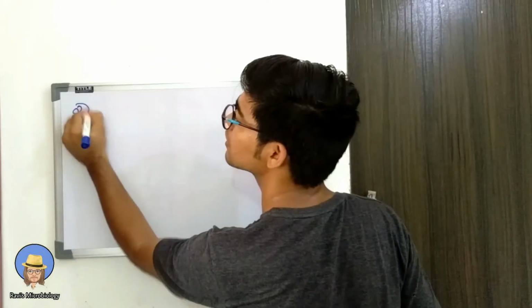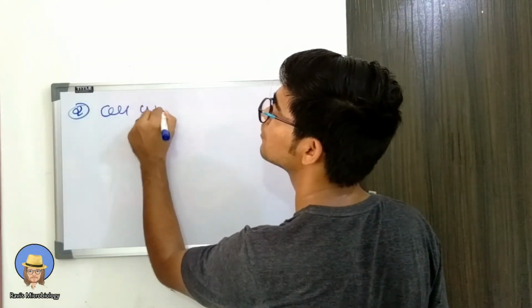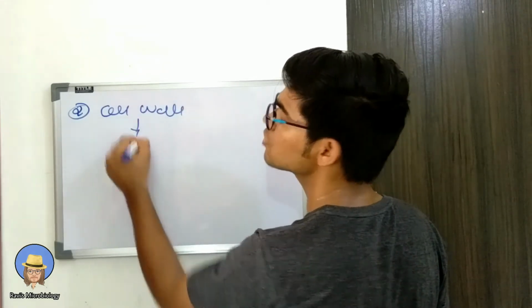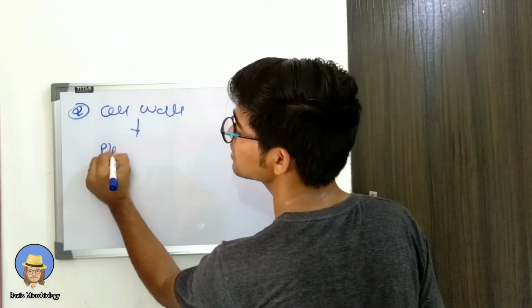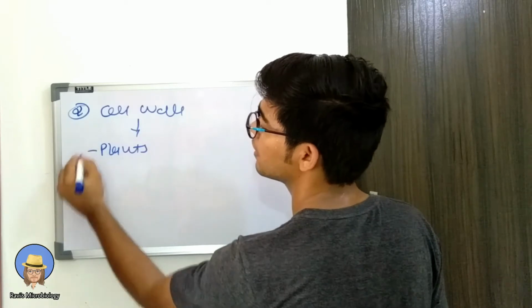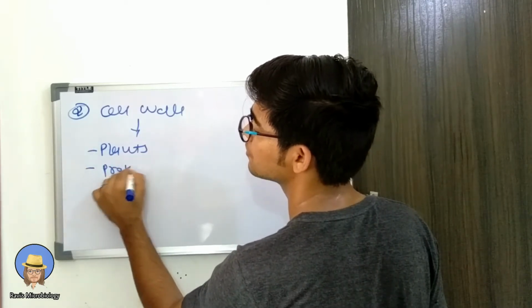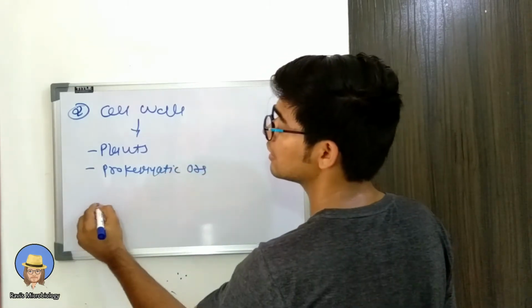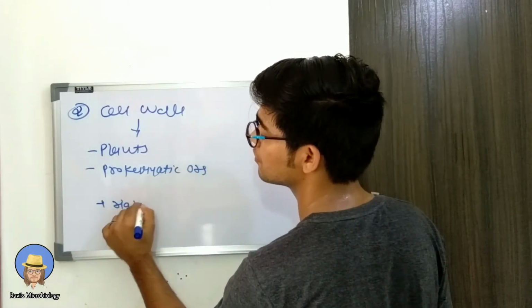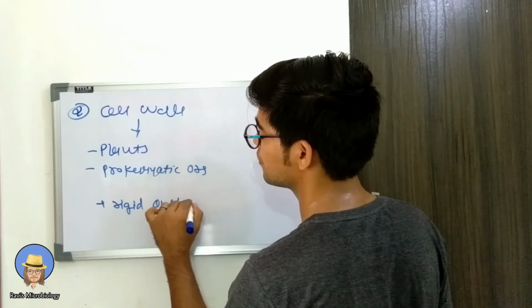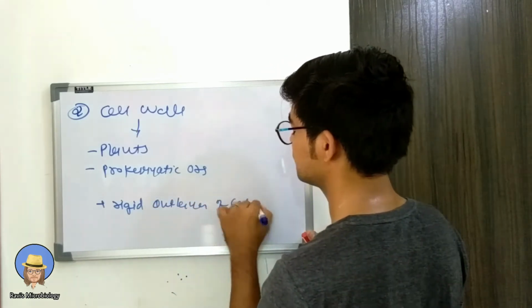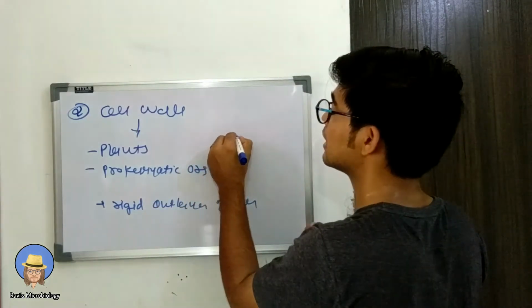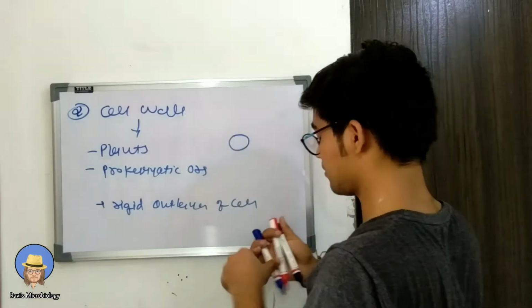The second one is the cell wall. The cell wall is mostly present in plants and prokaryotic organisms. It is a rigid outer layer of the cell, lying outside the plasma membrane.